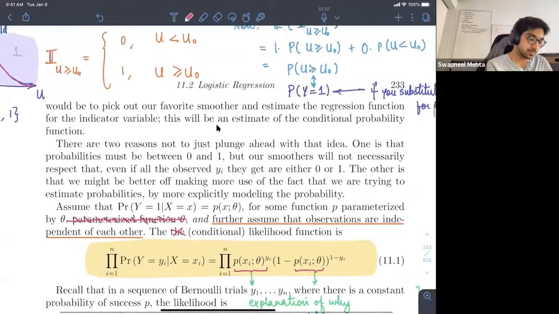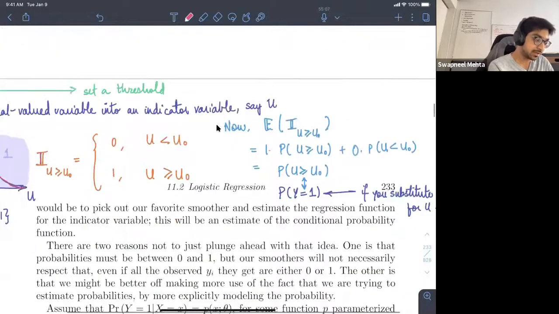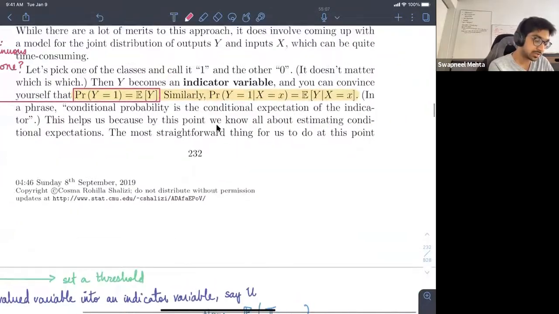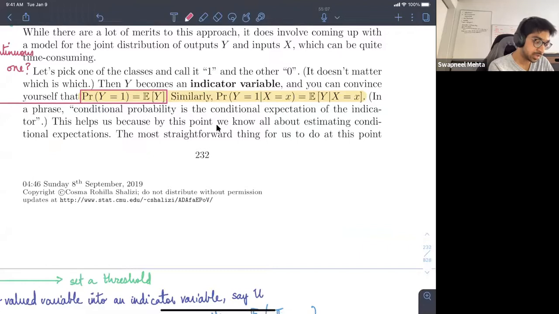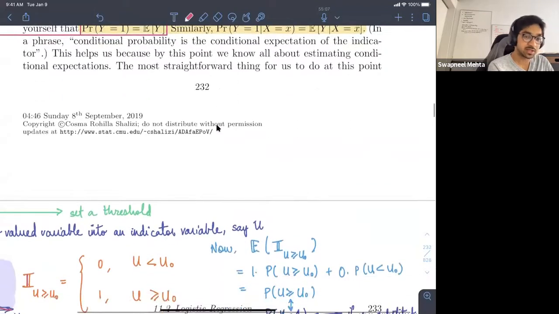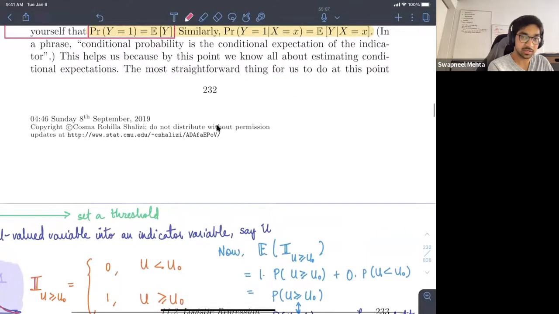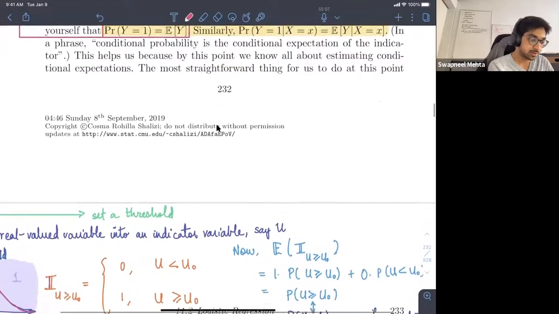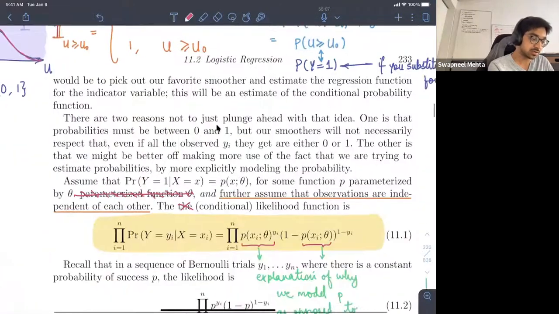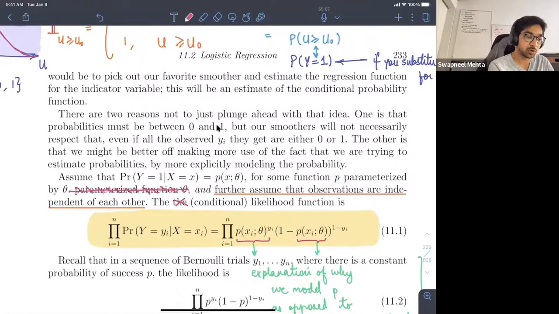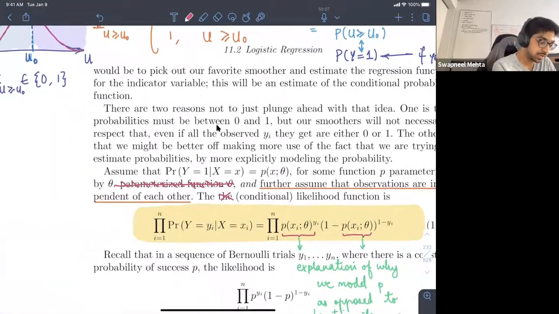Let's step back. You want to regress your indicator variable on x, and the easiest way that we've already seen to do that is to use a linear regression. The reason that we can't just dump our data into a regression model is because it will still predict some value of y from some value of x, but there is no reason that this value will belong to 0, 1.